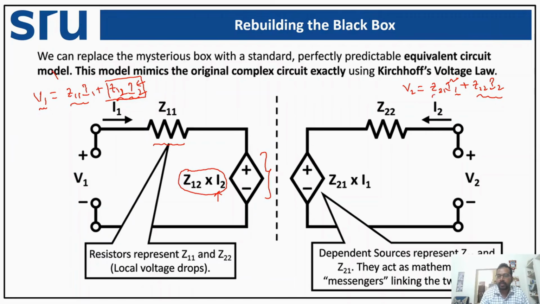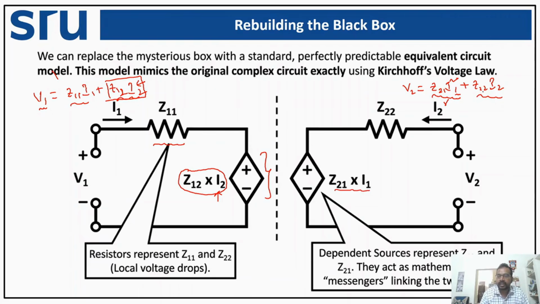What kind of dependent source? It is Z21 I1, a product of impedance and current. That is, we need a dependent voltage source, and since it depends upon the current, we choose the current dependent voltage source here.